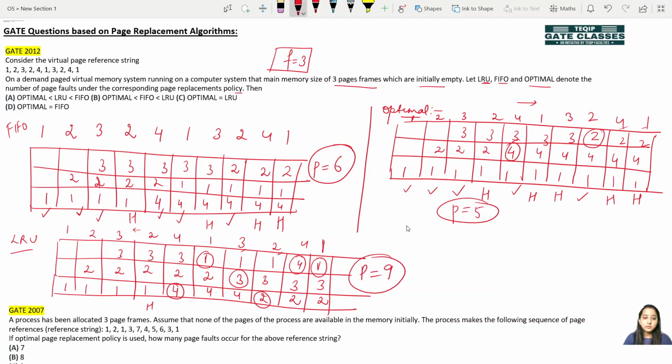So LRU has the largest number of page faults, which is the worst scenario, then FIFO, then optimal. So which option is this? Optimal, FIFO, LRU. Option B is the correct one.